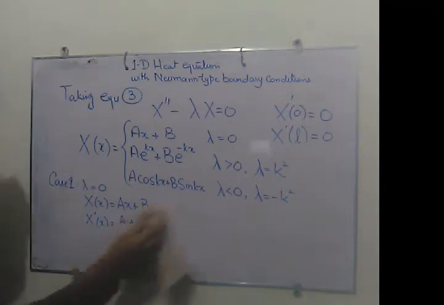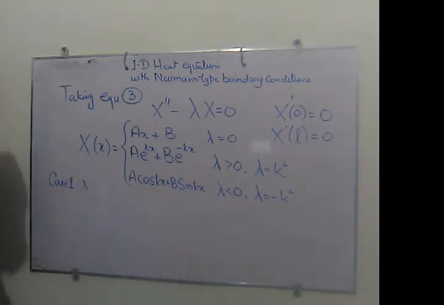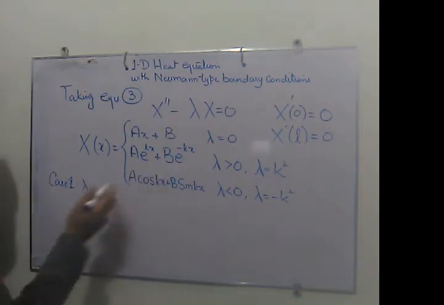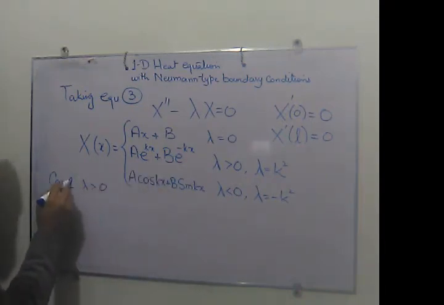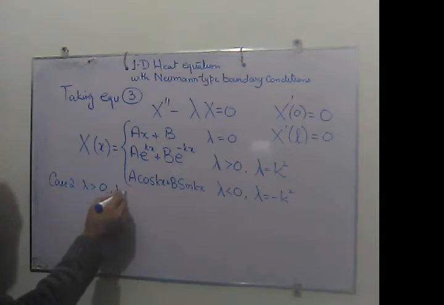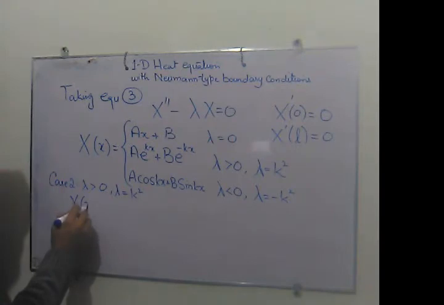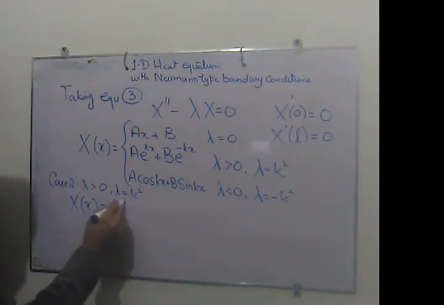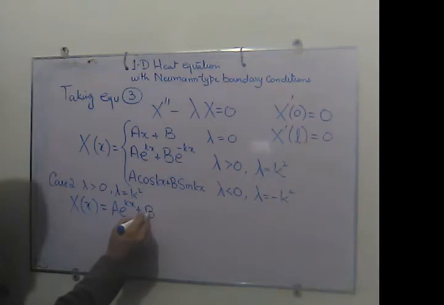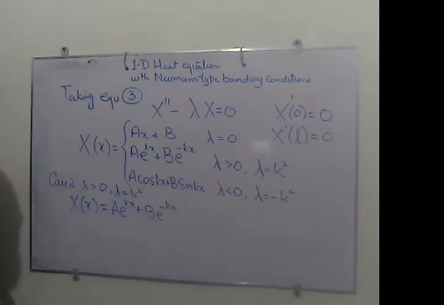Now we check case number 2, for which lambda is greater than 0. Lambda is greater than 0, or lambda is equal to k square. In that case, the general solution will become a exponential kx plus b exponential minus kx. We cannot apply the boundary condition in this solution; we have to take the derivative of the solution.